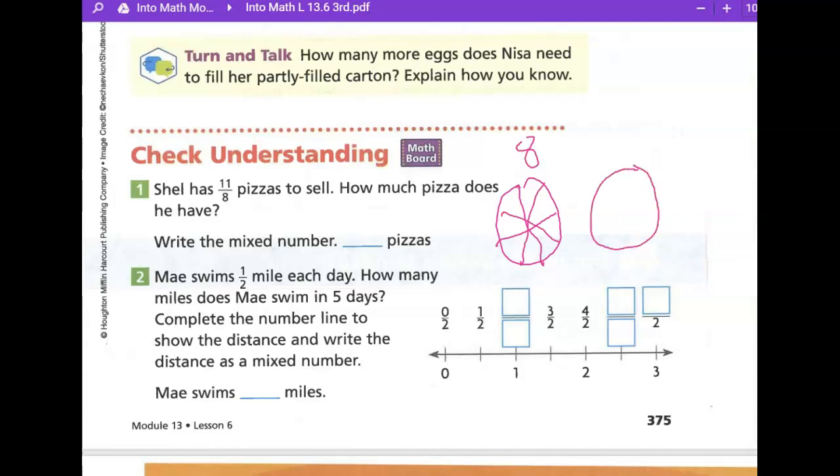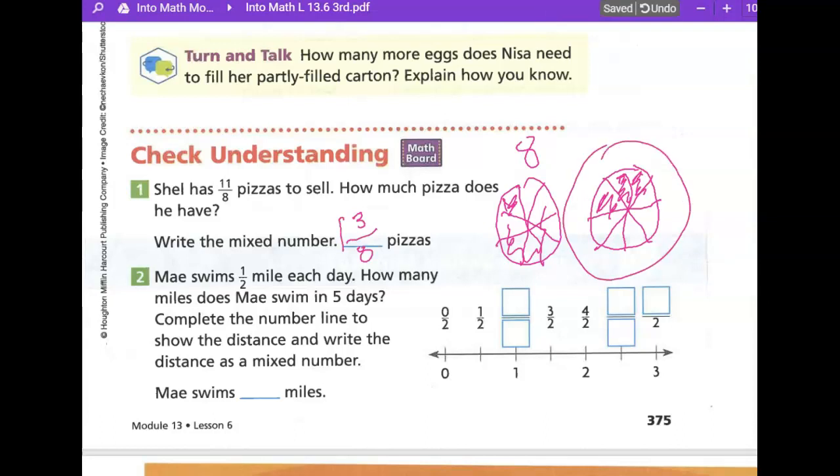Now what is 11 minus 8? That is 3. So he sells this whole pizza, and that's 8, 9, 10, 11. So he sells 1 whole pizza and 3/8 of this pizza.